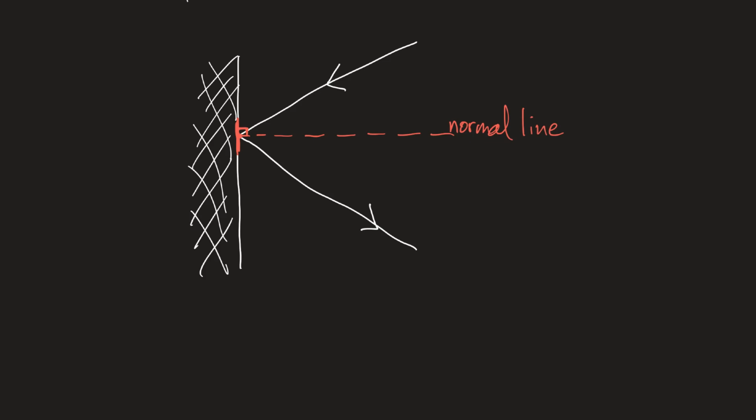So now that we have a normal line, we will see that this angle here from the normal line to the ray which struck the mirror is called I, the angle of incidence.